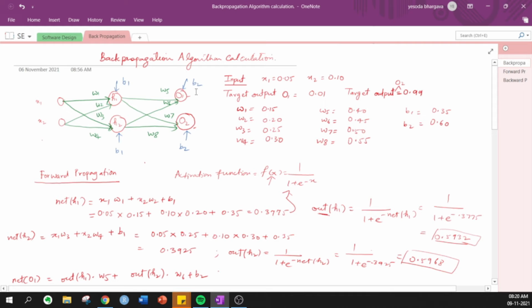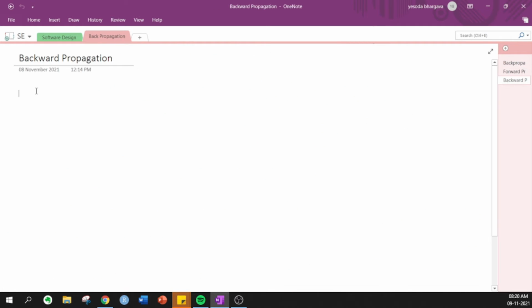So let us try to update the weights between the hidden layer and output. Here, let me say weight update between hidden layer and output layer.